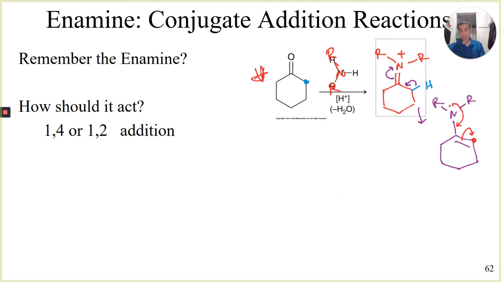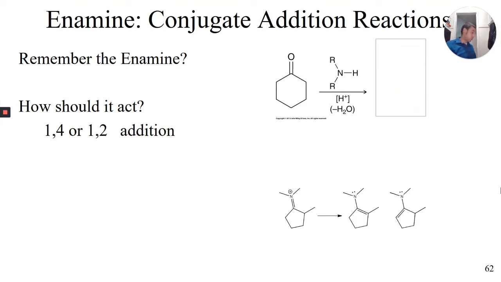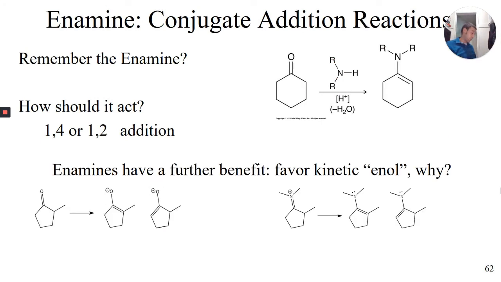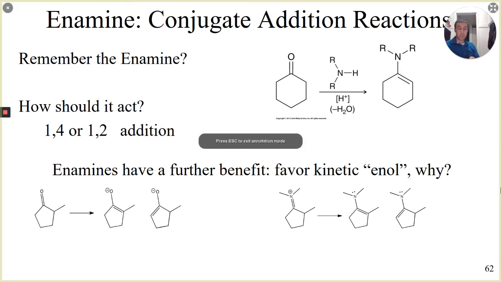The next really cool bonus that comes with the enamine has to do with the symmetry of the structure, which is what's going on down below. Okay? If we were to look at an asymmetric ketone, and we were going to go through and try and form our enolate, well, we'd have to be a little bit more careful about the bases we used.